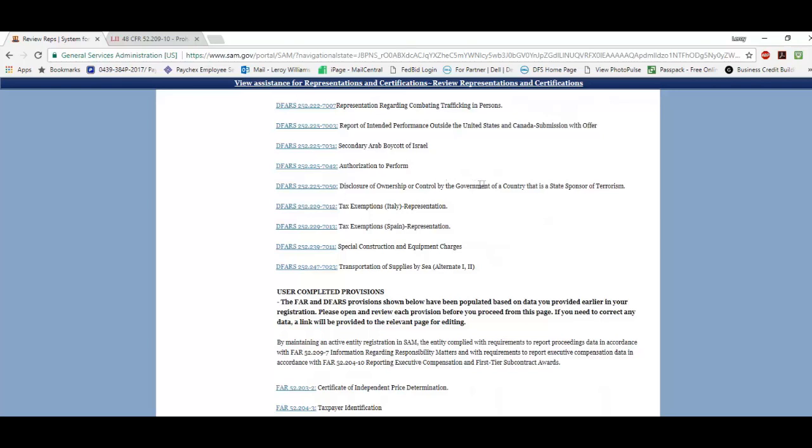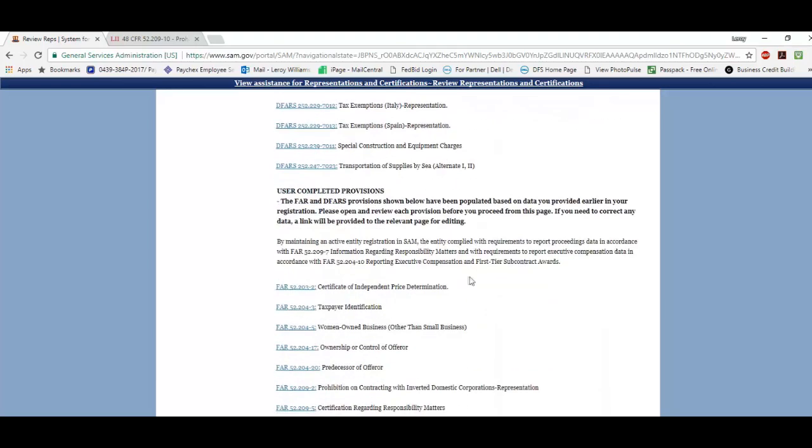Disclosure of ownership or control by the government of a country that is a state sponsor of terrorism. Okay. Tax exemptions, Italy, representation. Tax exemptions, Spain, representation. Special construction and equipment charges. Transportation of supplies by sea, alternate 1 and 2.